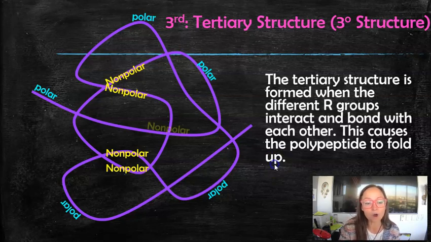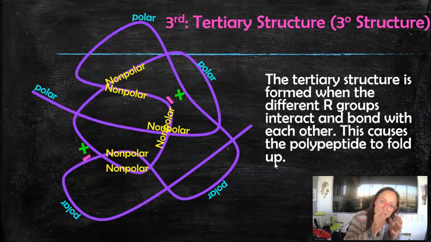Now, if we recall, some amino acids have positive charges on their R groups, and some R groups have negative charges. So they are able to form ionic bonds, which is an attraction between a negative and a positively charged molecule. So we have ionic bonds that begin to form between R groups, which help stabilize and build that shape.